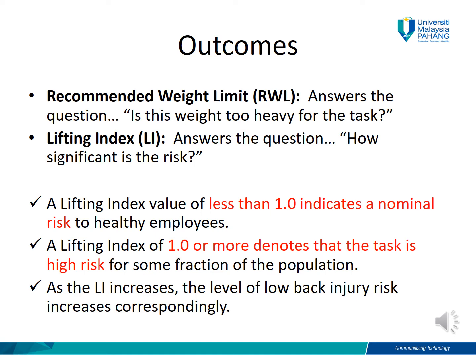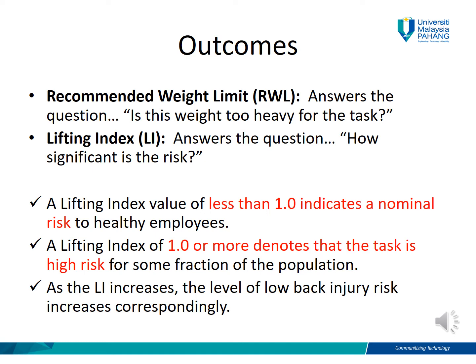By using the lifting index, we can answer questions like how significant the risk is. If we obtain the lifting index, we have a figure to support whether the risk exposed to the worker is significant or not. A lifting index value of less than 1.0 indicates a nominal risk to healthy employees.